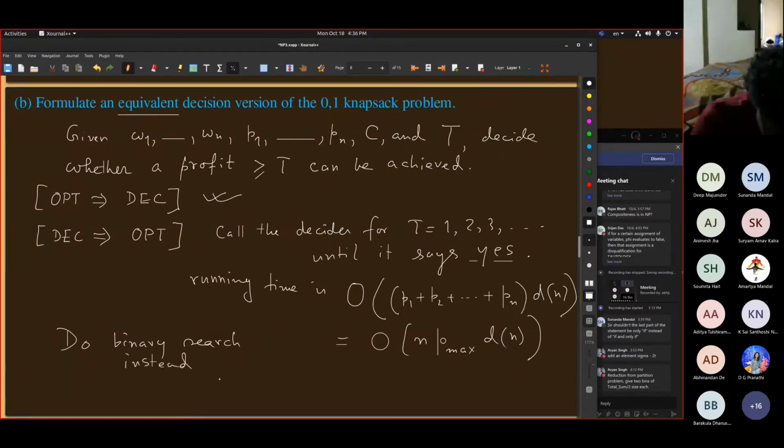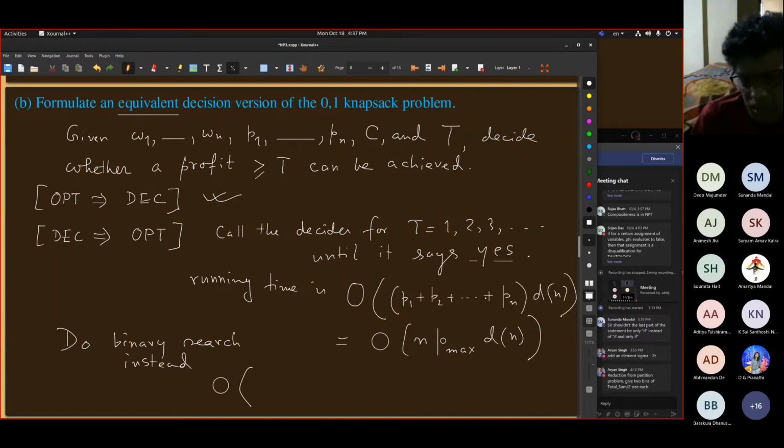And then what will be the running time? Instead of this, you are searching in the range 0 to this quantity. These are all integers. So if 0 says yes and this quantity says no, then next time you take this plus this by 2, but take the integer value. Maybe floor or ceiling, whatever you like.